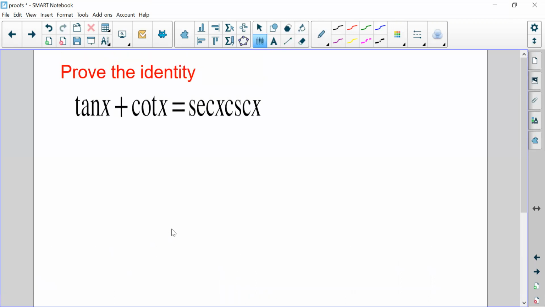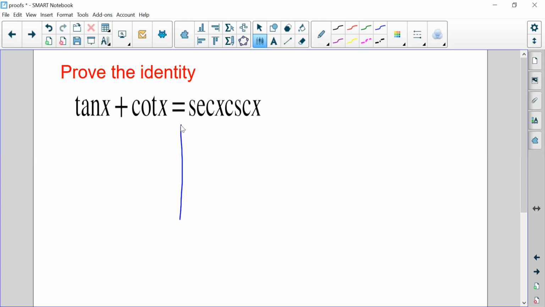That helped me through a lot, and it's going to help with a lot of these proofs. We have to stay on one side of the equal sign. We cannot cross over, because the very thing we're trying to show is that they're equal. So we can't assume they're equal by subtracting cotangent on both sides or something like that.